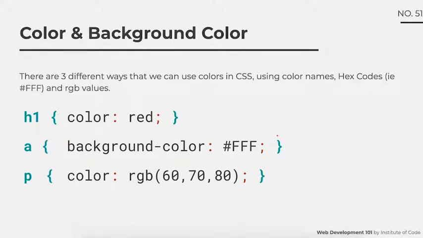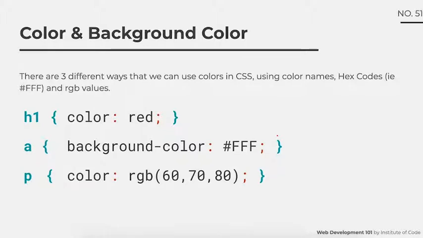Now let's look at some CSS properties. So some of the first things you will learn in CSS is the color and the background color. Now if we were to say H1 curly bracket color red, that's going to select all of our H1 headings and make them red.